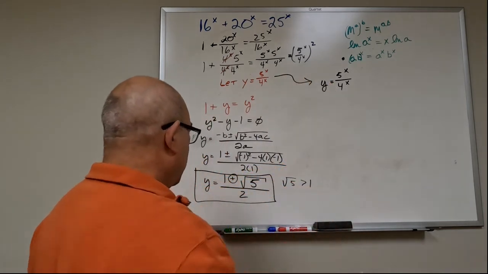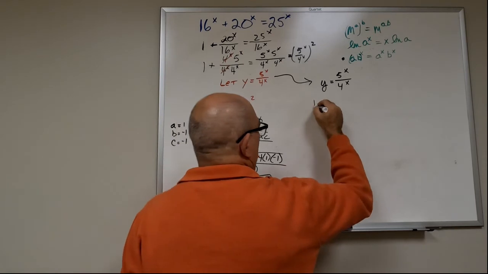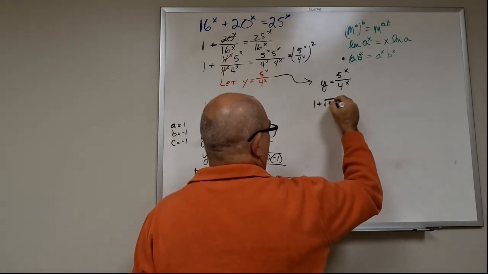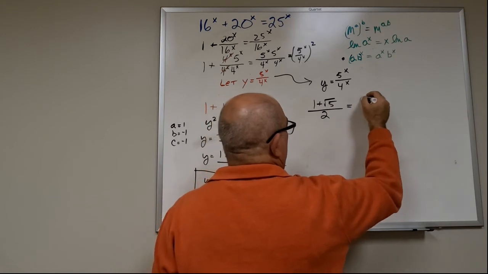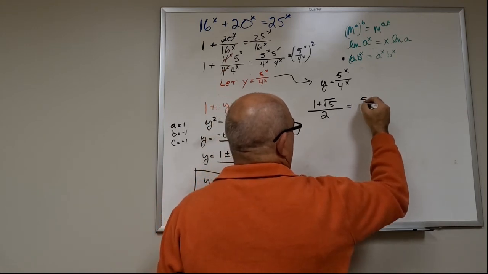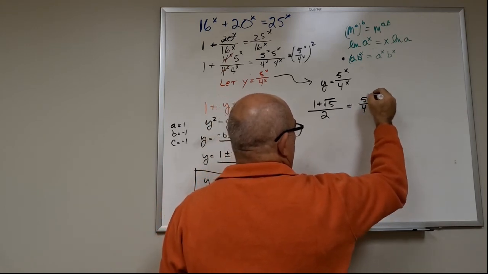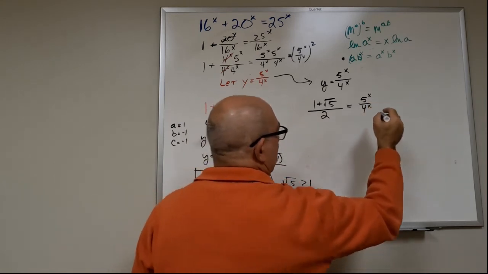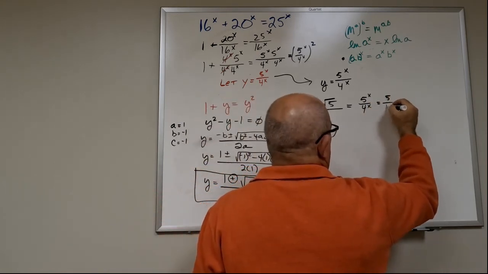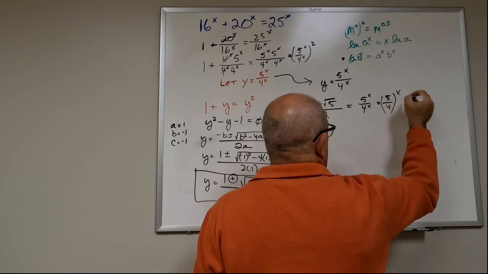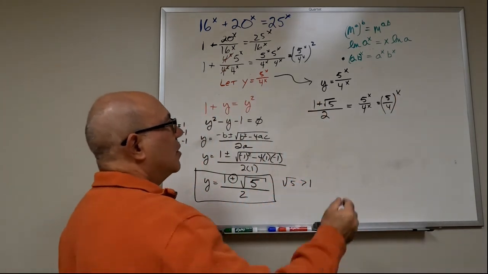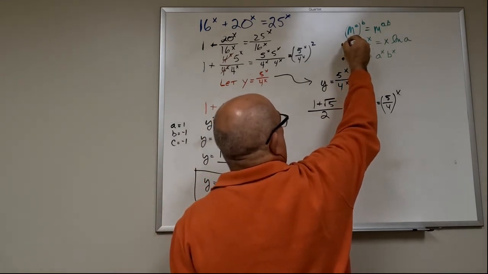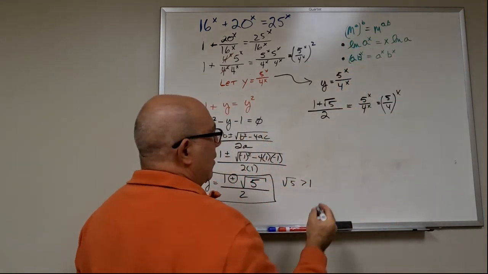Now we have to substitute back in. So that means 1 plus the square root of 5 over 2 equals 5 over 4 to the x. Okay, so now we can solve for x. We're going to use the log property.